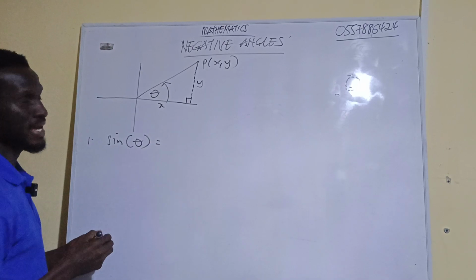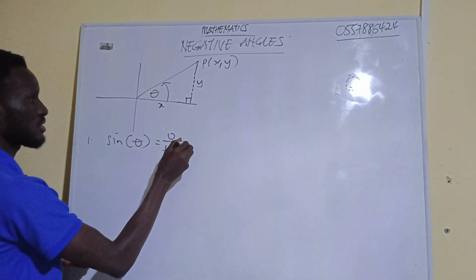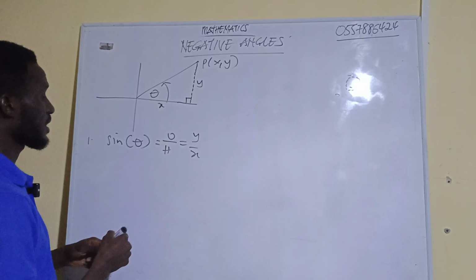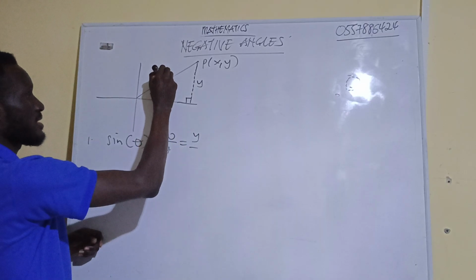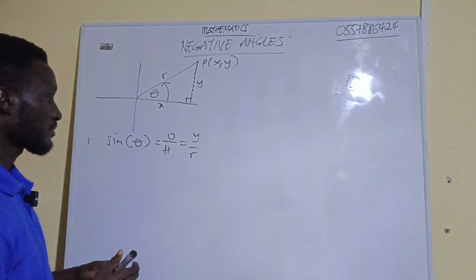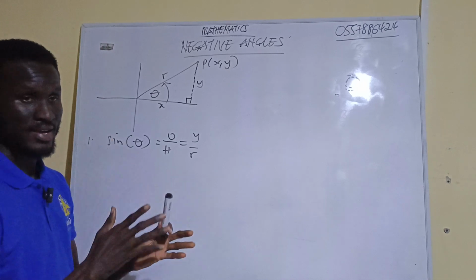Now what is sine theta? Sine theta is opposite over hypotenuse, which is y over r. Let's say here is the hypotenuse, so opposite over hypotenuse. That is a positive answer because this one is an acute angle, in the first quadrant.